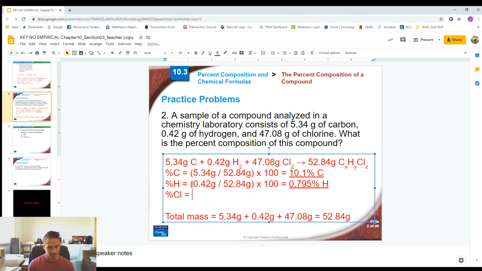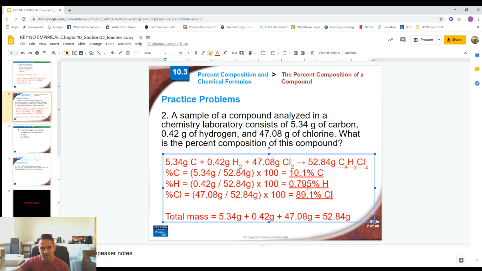And then for the chlorine, we're going to take our 47.08 grams, divide that by, again, 52.84 grams times 100. And this is probably going to be the largest of all the percentages because it's making up the most of the compound. And again, rounding to 3 significant figures, we get 89.1% for the chlorine.